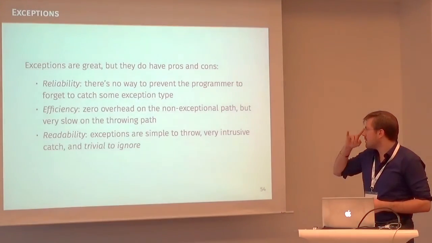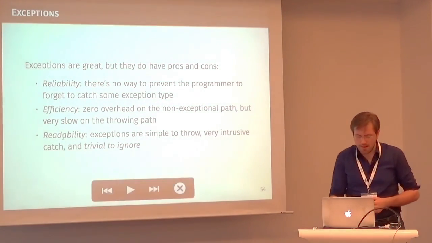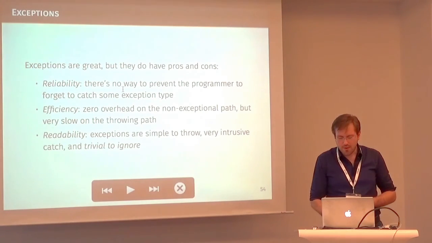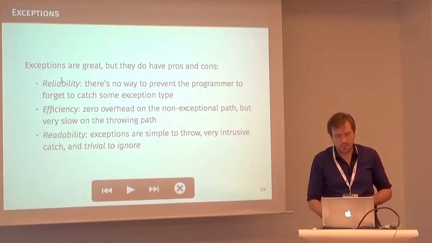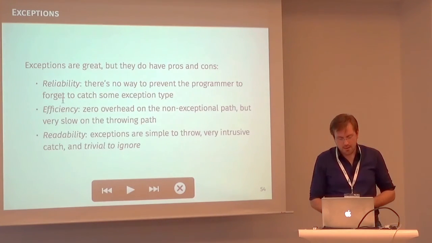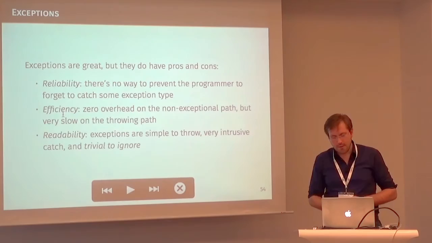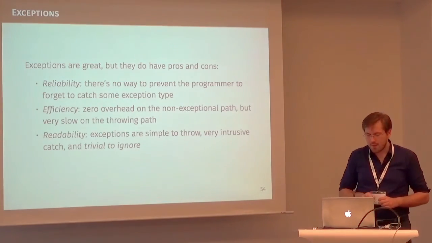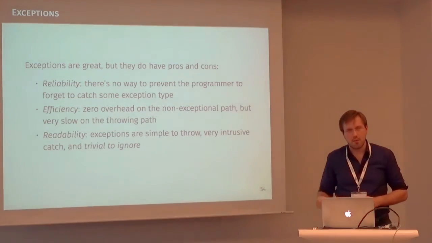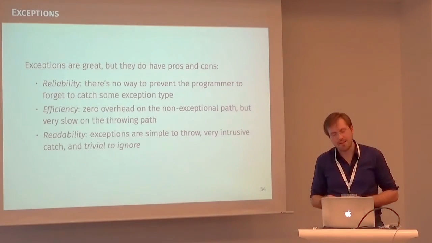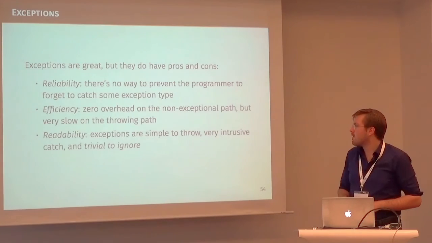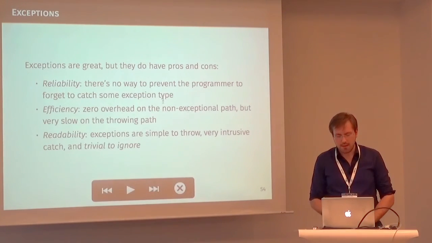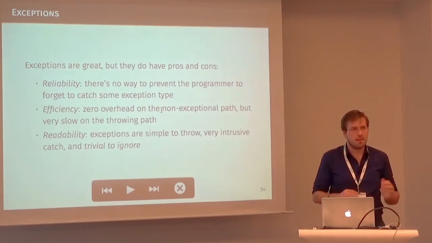The most important one is that there's no way to prevent a programmer from forgetting to catch some exception type, so there's a reliability problem. And there's also an efficiency problem if the exceptional path is taken too often, since we have zero overhead on the non-exceptional path, but the other path is slower.